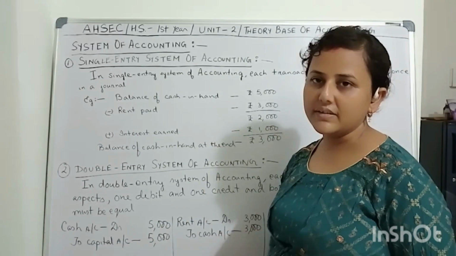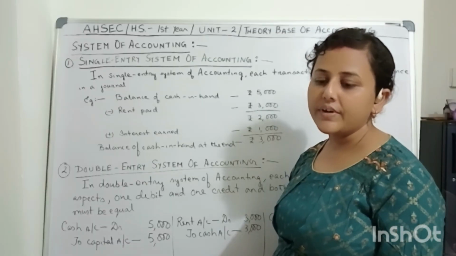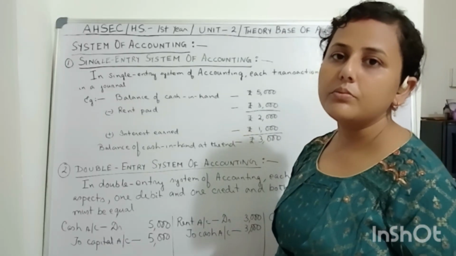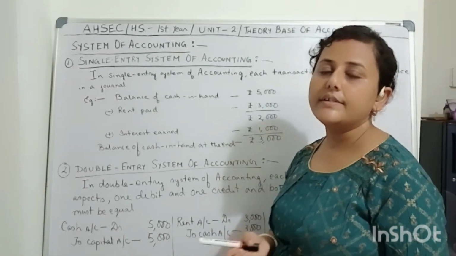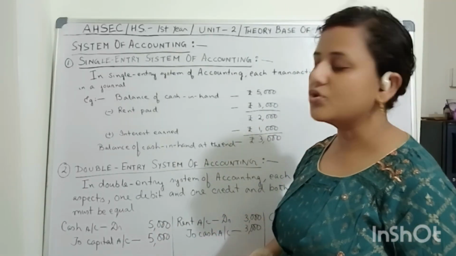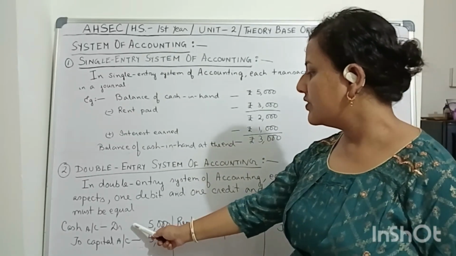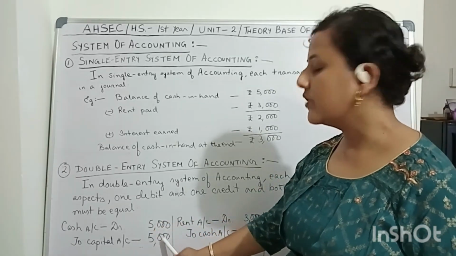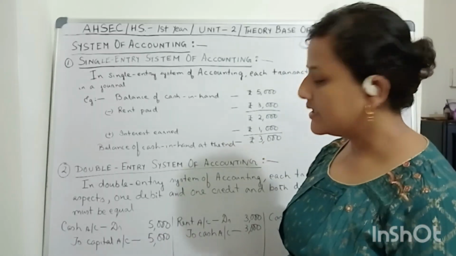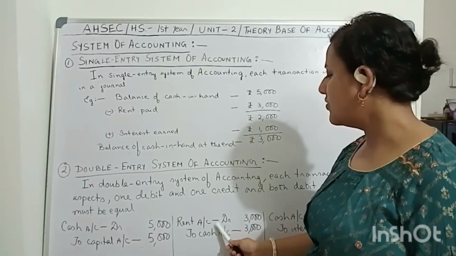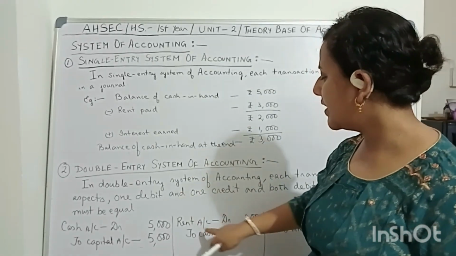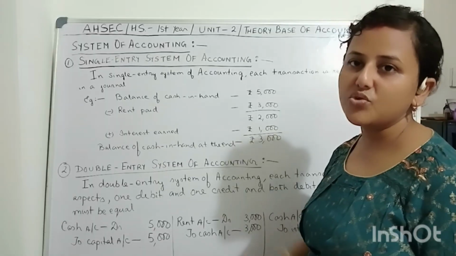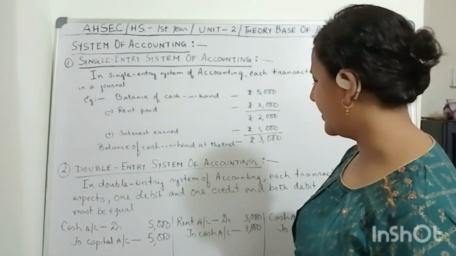This journal will pass, yes or no? When we have cash in our hand, we write cash account debited, asset increases, and at the same time capital increases, so to capital account. You see debit credit equal, 5,000, 5,000. Similarly, you see rent account debited to cash account for rent paid. So two aspects, one debit, one credit. So it is the double entry system of accounting.